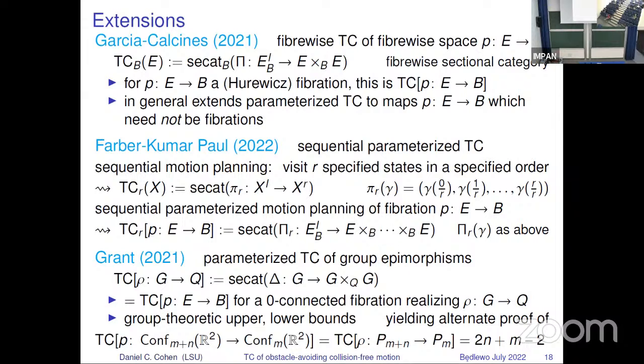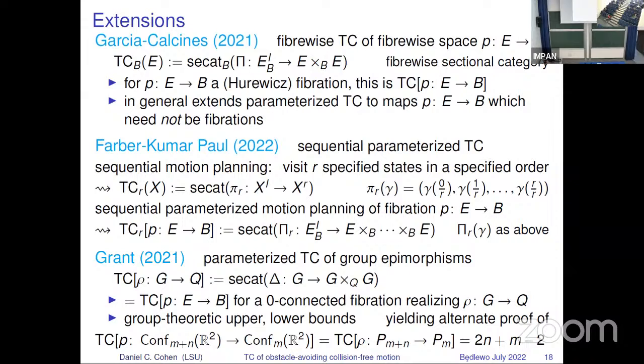So this leads you to study what's called the r-th topological complexity, where instead of now taking a path to its first point and last point, you take it to r preferred points.